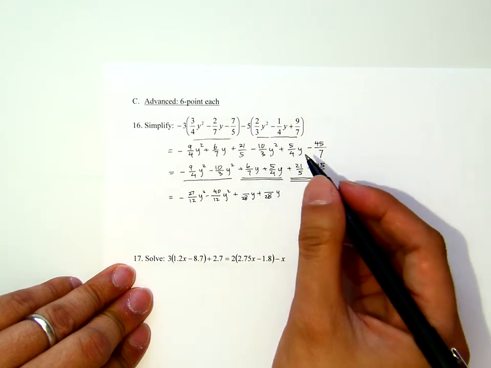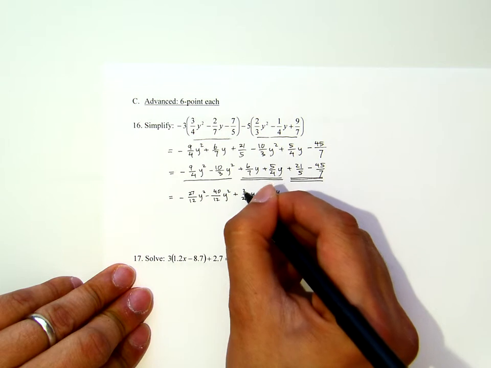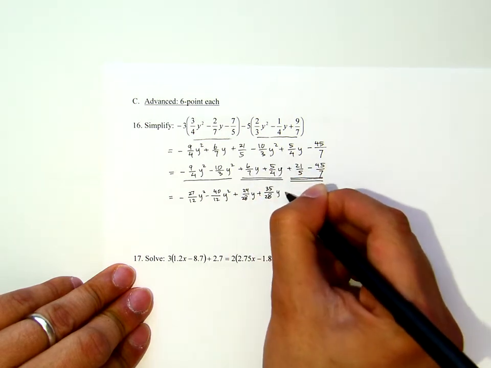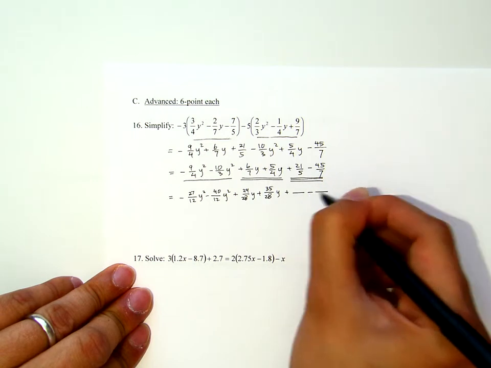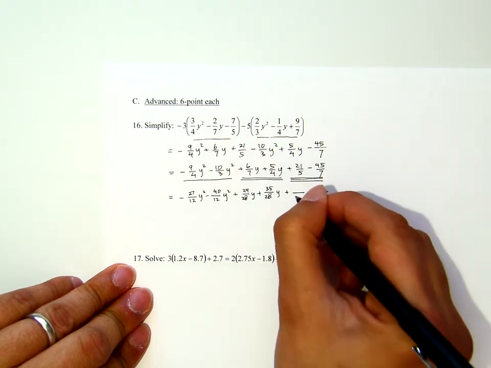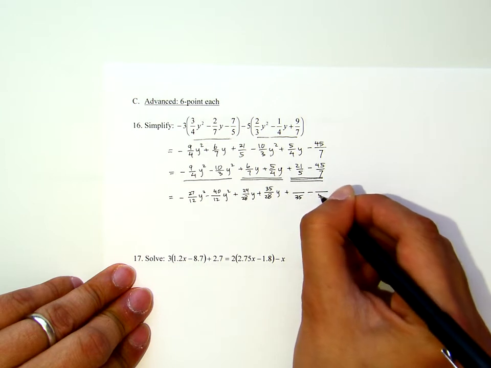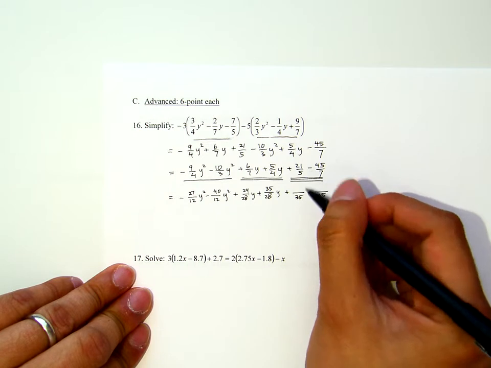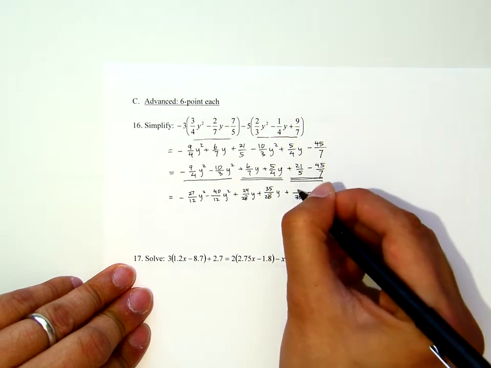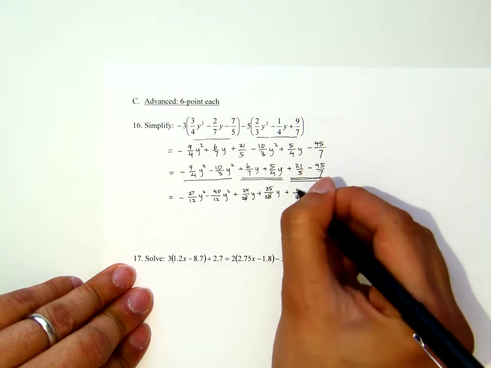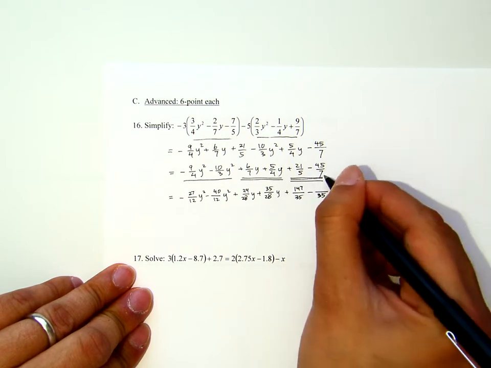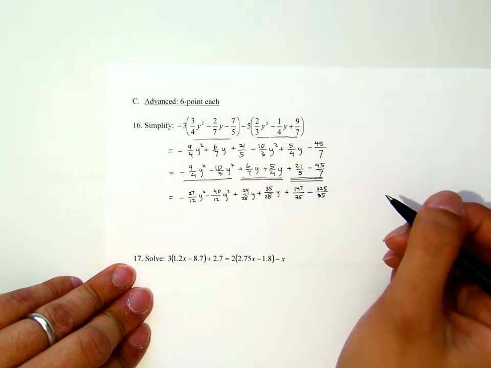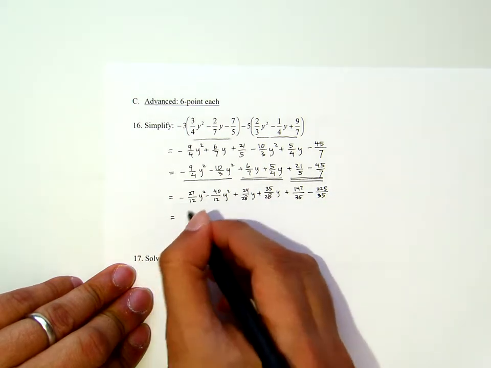Therefore, if I adjust the numerator, this will be 24, and that will be 35, plus the LCD of the constant part, the LCD of 5 and 7 is 35, and when I adjust the numerator here, that will be multiplied by 7, that's 147. Here I multiply by 5, that's 225. Then I go on with combining them.